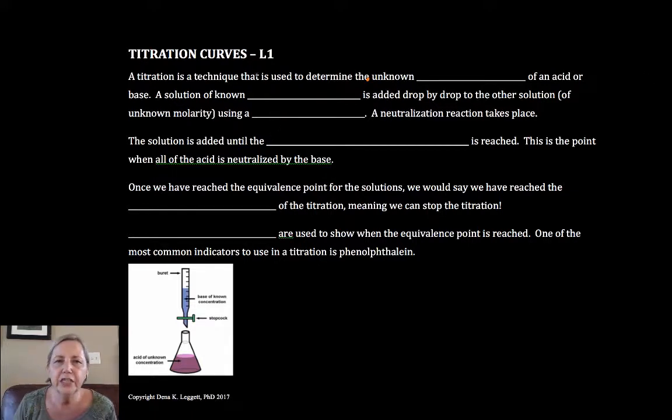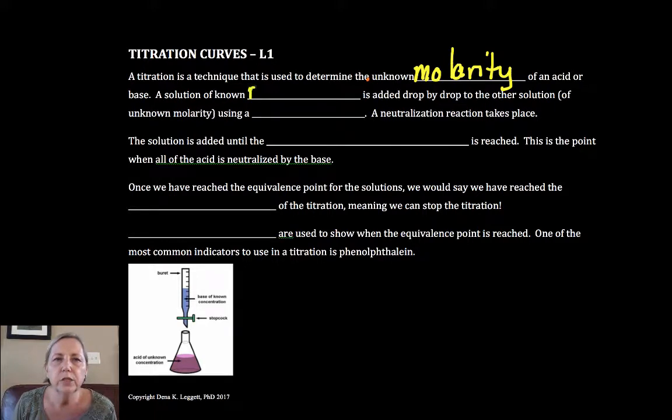All right, titration is a technique that is used to determine the unknown molarity of a substance. Now, it can be used for other purposes, to study different properties of acids or bases. But at an introductory level, it's often used to find an unknown molarity.